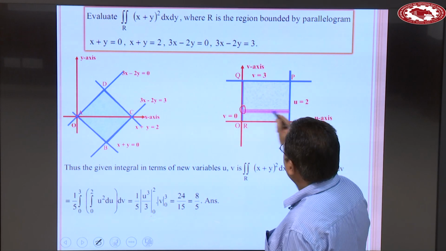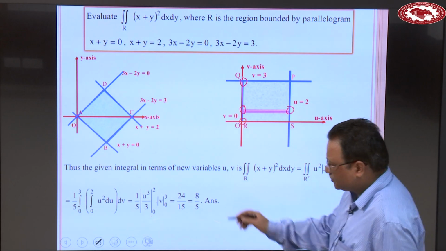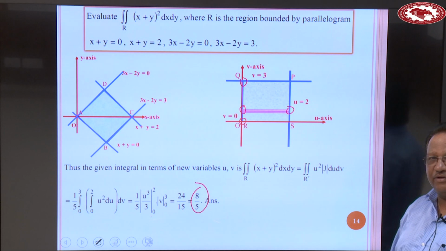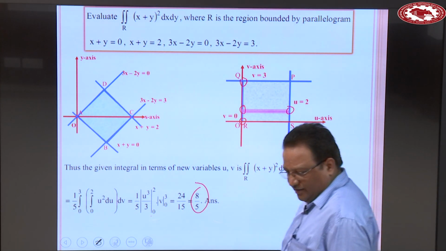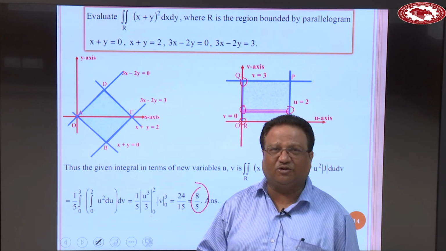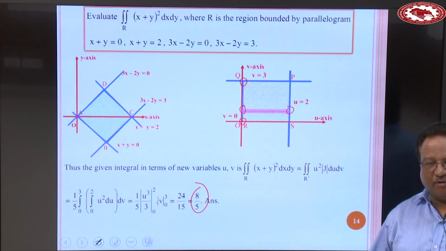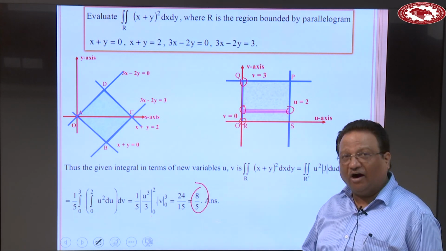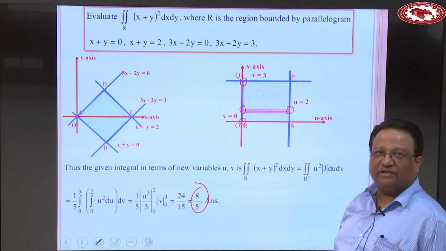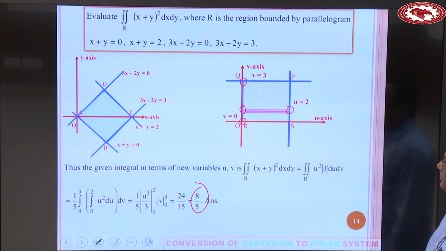Solve, and you will get 8 by 5, and that calculation is very simple. In this way, you can change the variables x, y to new variables u, v, provided the transformation is given, or you can choose a suitable transformation so that the given double integral problem is converted into a simpler one.